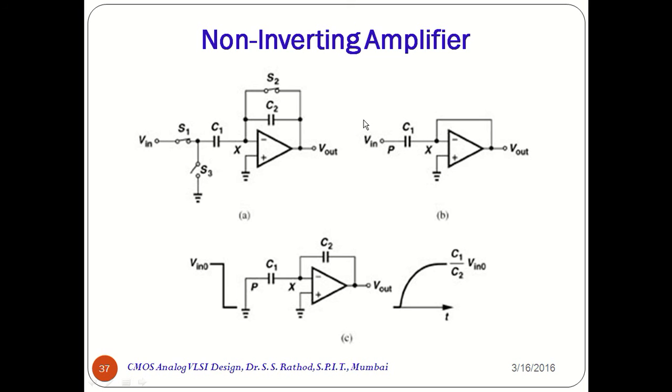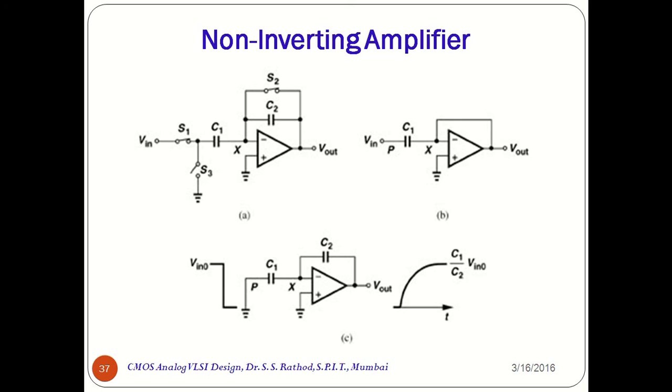Now this is the non-inverting amplifier, and let us focus on the non-inverting amplifier circuit. In the case of the non-inverting amplifier, we have an operational amplifier, two capacitances C1, C2, and three switches.